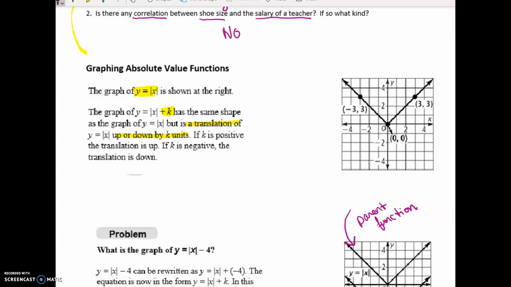If the graph was being added to or subtracted by another value, k, it would have the same shape as this parent function, but would be translated up or down by that many units. So if k is positive, we would move the whole graph up. If k is negative, we would move the whole graph down.